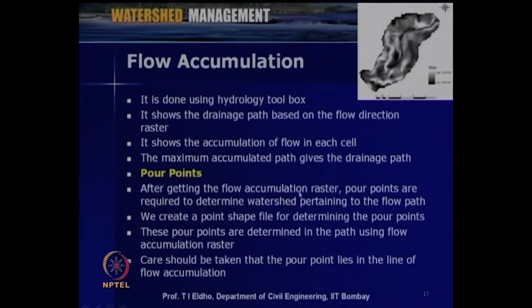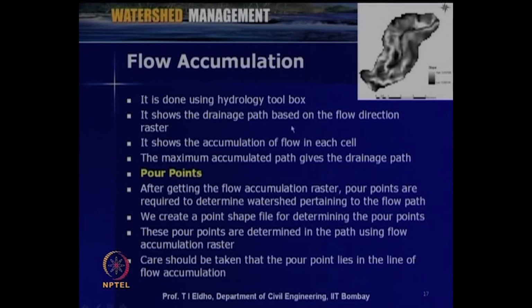After getting the flow accumulation raster, pour points are required to determine the watershed pertaining to the flow path. So, we create a point shapefile for determining the pour points. These pour points are determined in the path using the flow accumulation raster, so we should take care that the pour points lie in the line of flow accumulation.